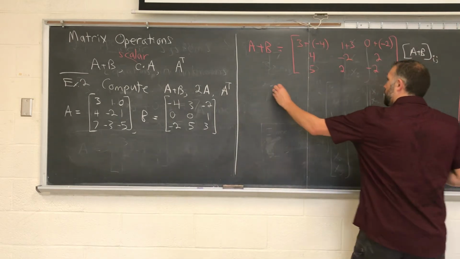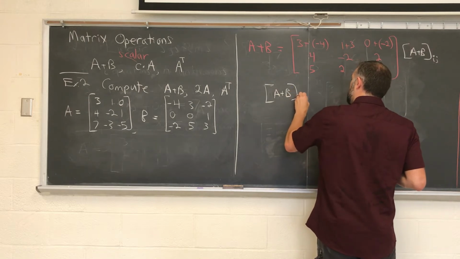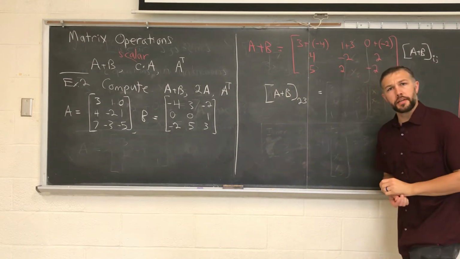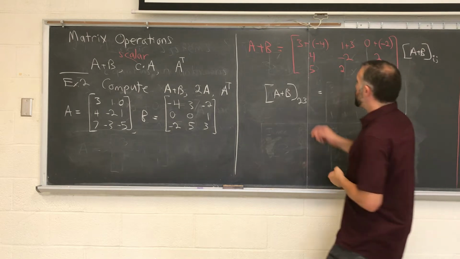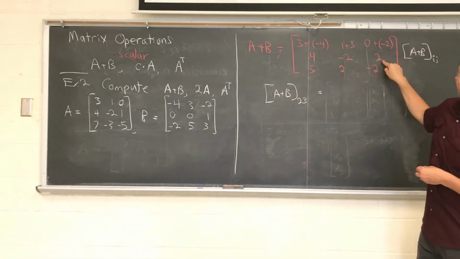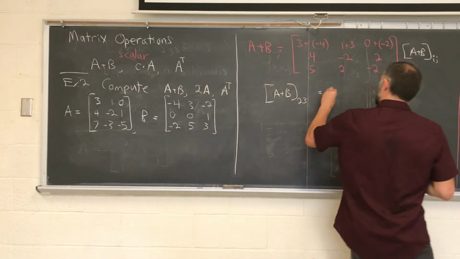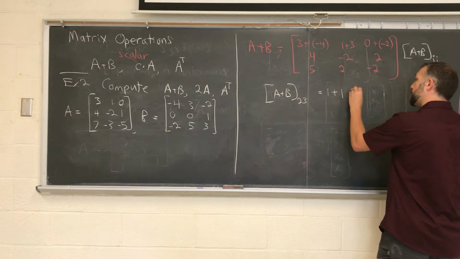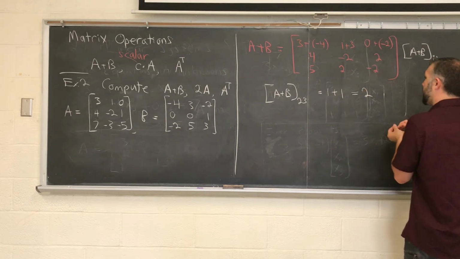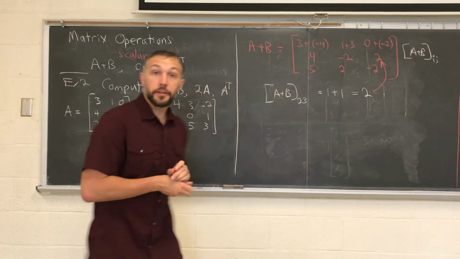So for example, I could write down (A + B)_{2,3}. What would that mean we're talking about? Well, that would mean we're talking about the second row and the third column. And so what we're going to get for the second row, third column entry is this 1 plus 1 entry, which is the 2 that we've got right here. Okay? So that's how that notation works.